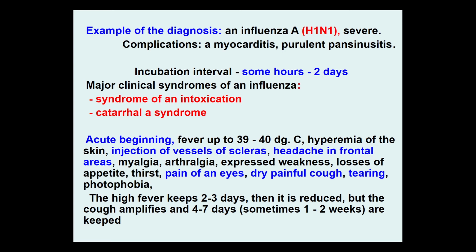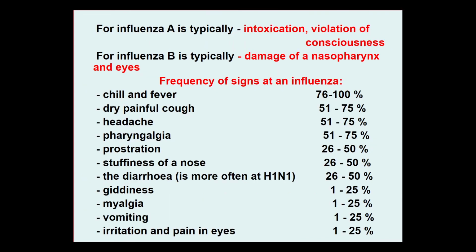The high fever keeps 2 to 3 days, then it reduces, but the cough intensifies and lasts 7 days, sometimes up to 1 to 2 weeks. Influenza A typically shows intoxication and violation of consciousness. Influenza B typically damages the nasopharynx and eyes.